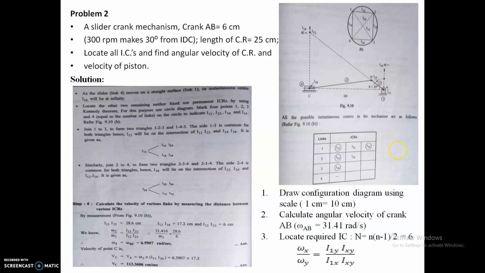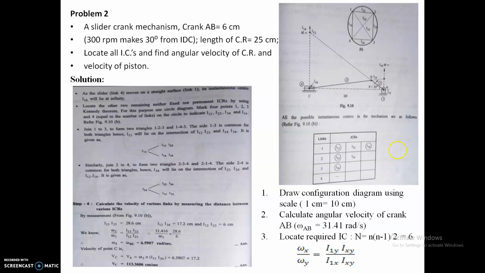So 2 4 is the point where these 4 ICs lie. In this way you have to locate IC13 and IC24 with the help of Kennedy's theorem.